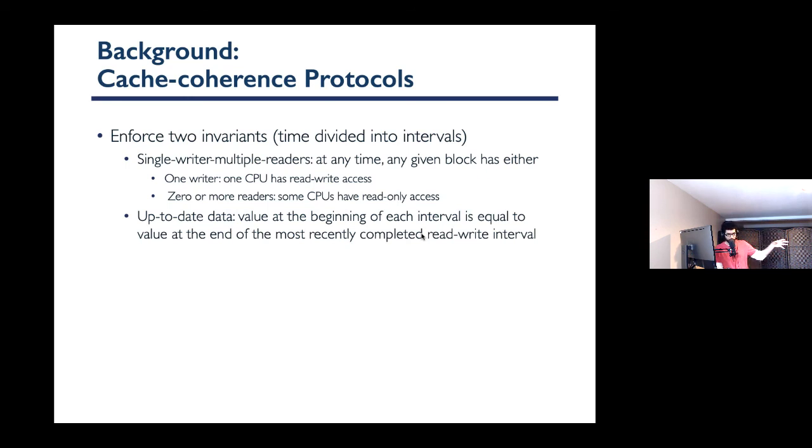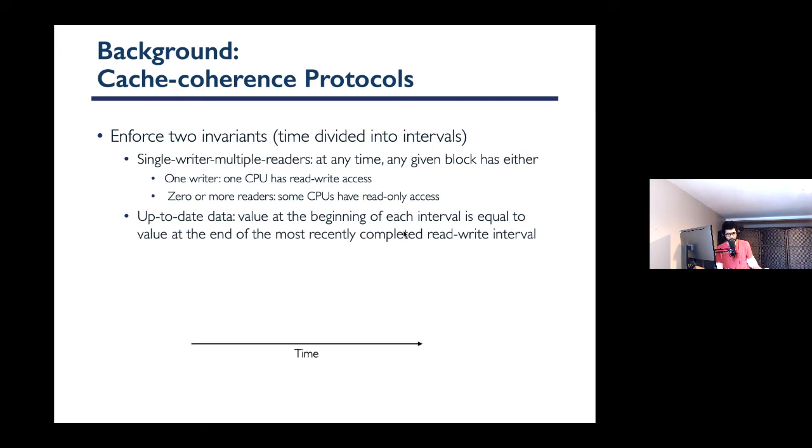So if you have an interval where somebody has read-write access, at the end of that interval, the value of the data should be propagated to everybody else who is going to come next and read this data, which is basically what we saw in the example. A changed the data, and the data was not propagated to B, and B started reading something false, wrong and outdated. So this invariant says that you have to prevent those situations.